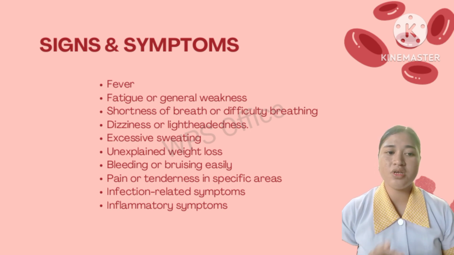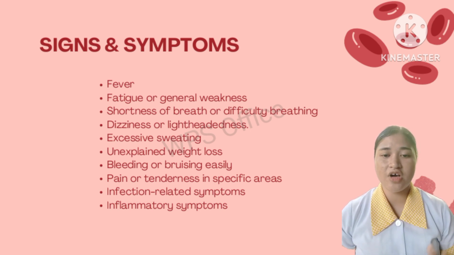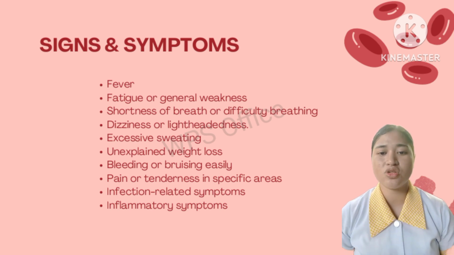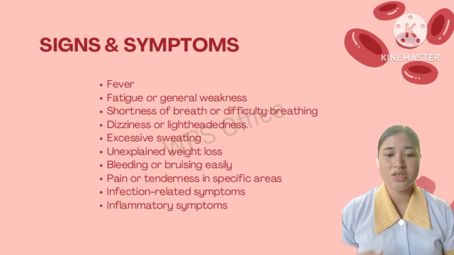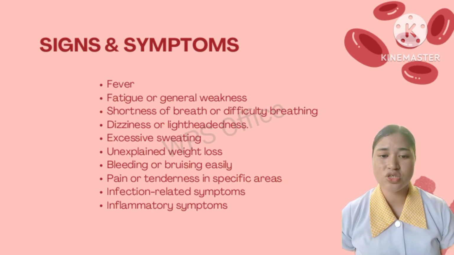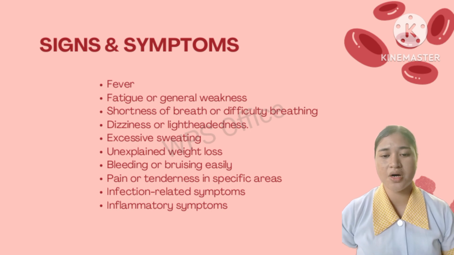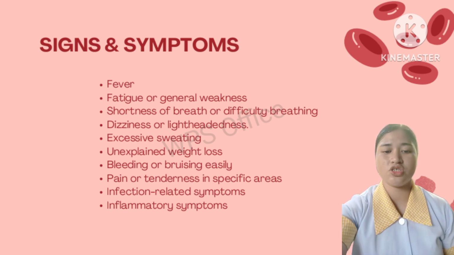And then in the bleeding or bruising easily, it arises if associated with a blood disorder. And then the inflammatory symptoms like redness, swelling, and warmth in certain body areas, depending on the location of the inflammation.